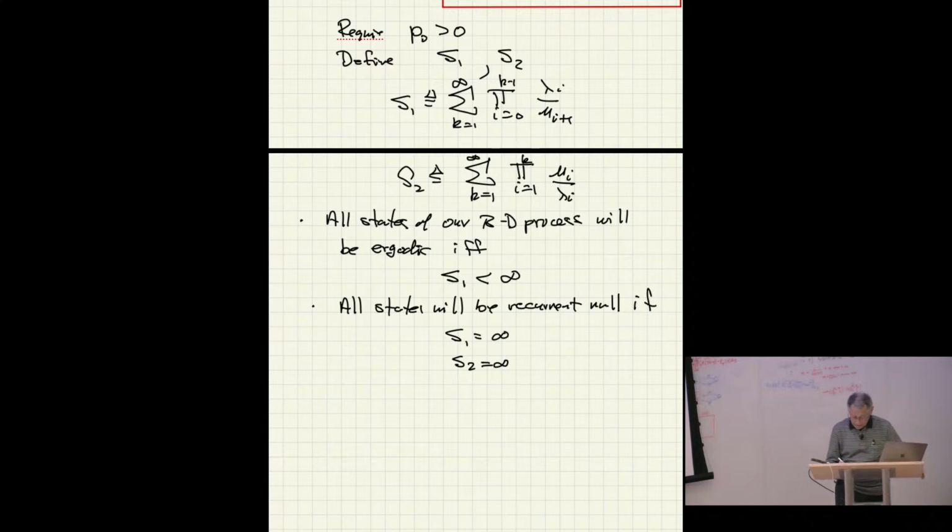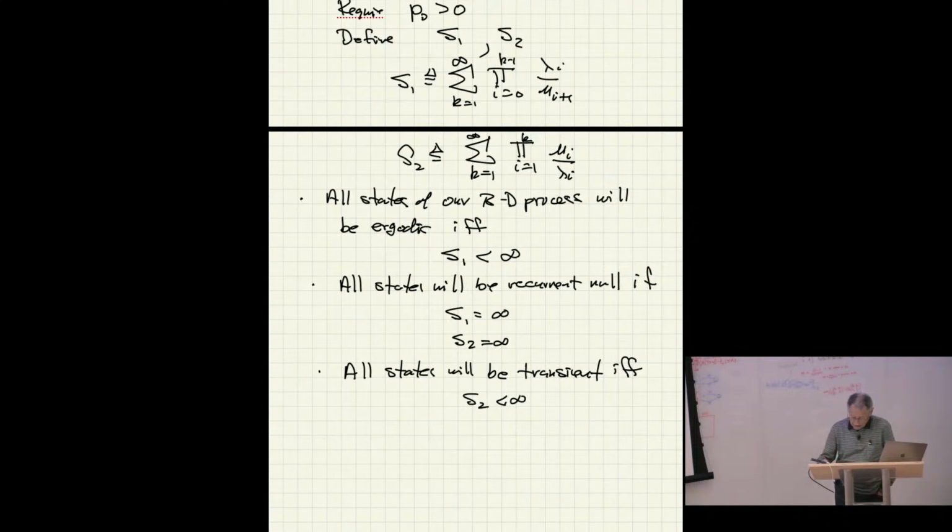And the third case, of course, all states will be transient if and only if S2 is less than infinity. Of course, the ergodic case is the one we want, but the others can exist, so you want to be careful.